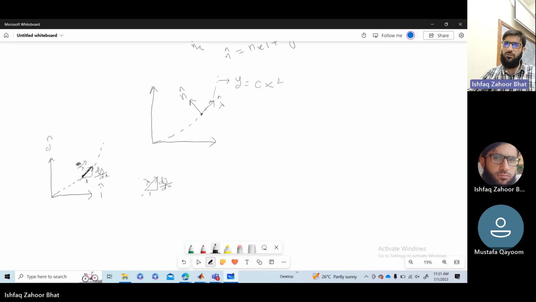Obviously this will not be a unit vector, because its magnitude should be 1, but it is greater than 1. It is 1 plus something, so it will be greater than 1. But one thing is clear, that it is tangent to the path, so it is in the same direction as lambda hat. That is why I called it the lambda vector. So what is the lambda vector? It is nothing but 1 along i plus dy by dx along j.